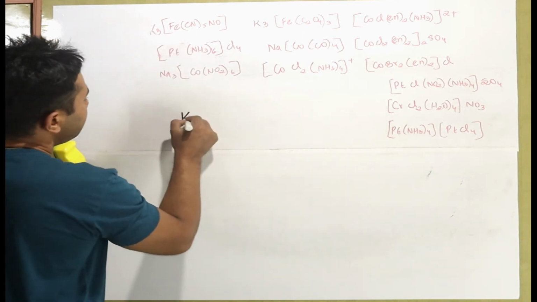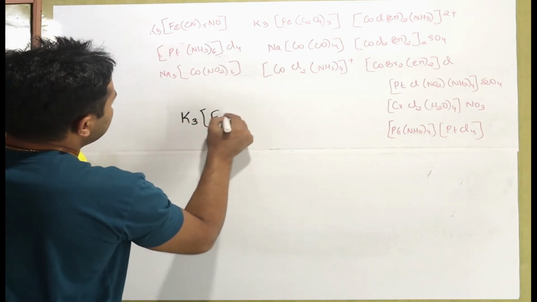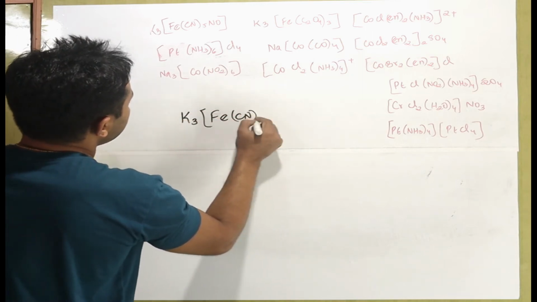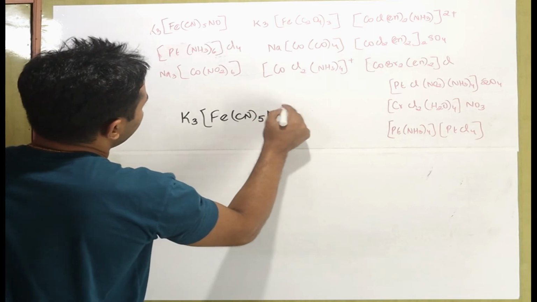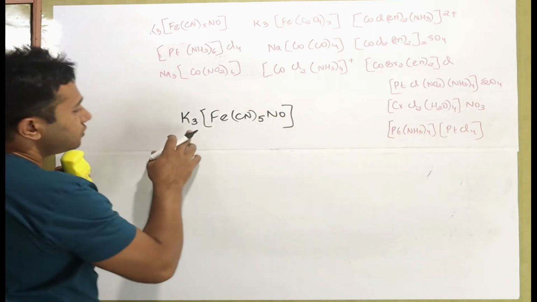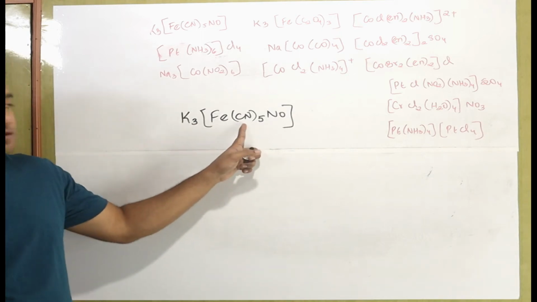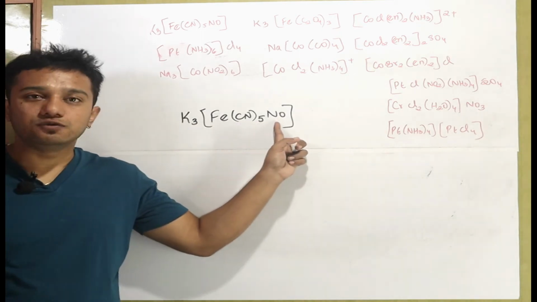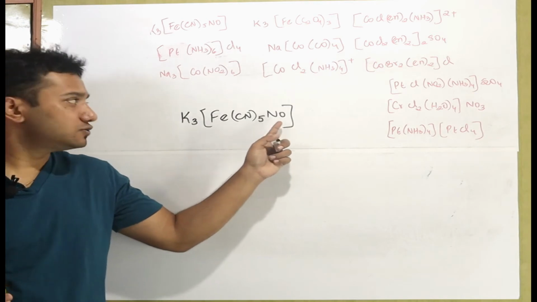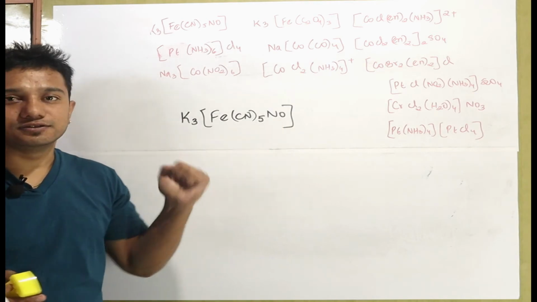Next we have K3[Fe(CN)5NO]. Potassium is plus 1, the charge of cyanide is minus 1, and NO is a neutral ligand, so its charge is 0.